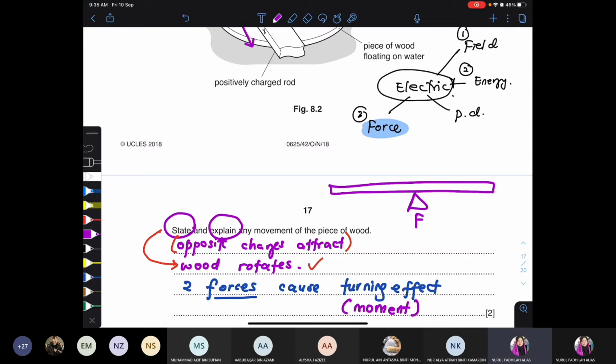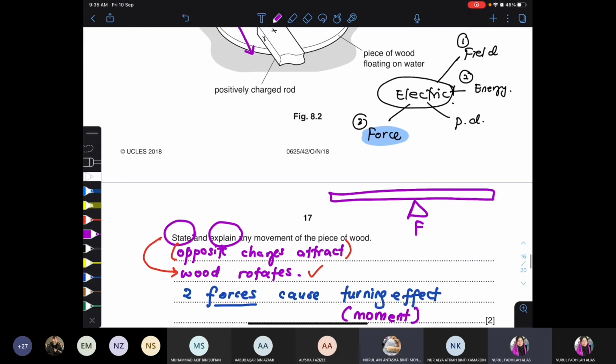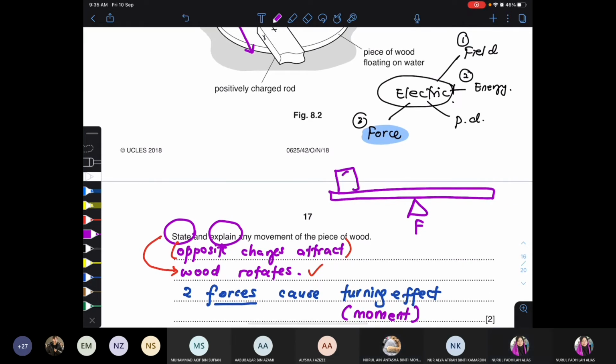Did you watch this video prepared by Cambridge? If you put a load here, this will cause the lever to move anti-clockwise. And then if you put another load, this one will make the lever rotate clockwise.